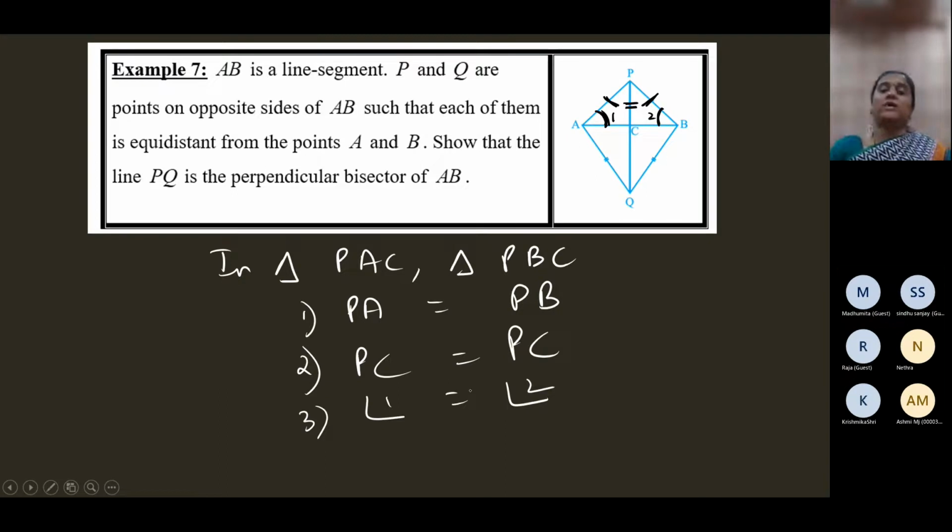So do we have any other information, children? In triangle PAC and in triangle PBC, do we have any other information apart from what we have written here?